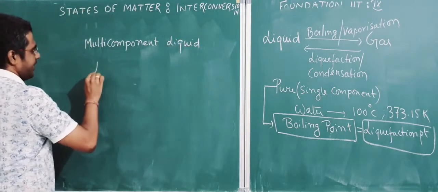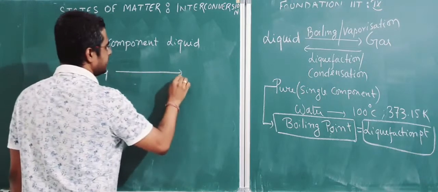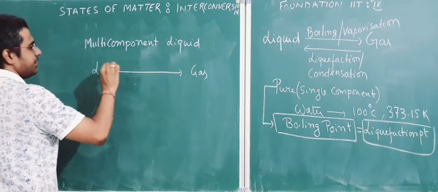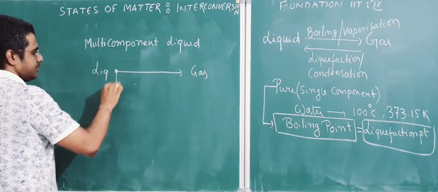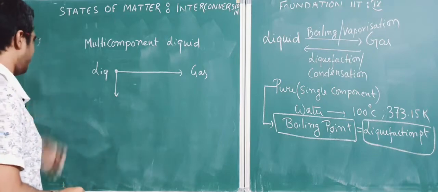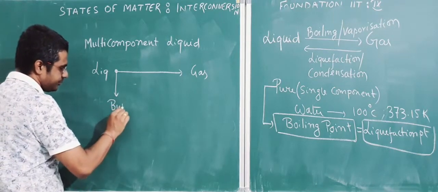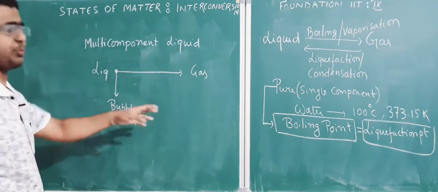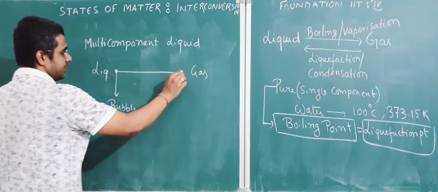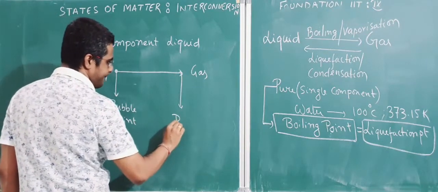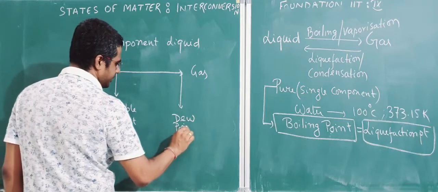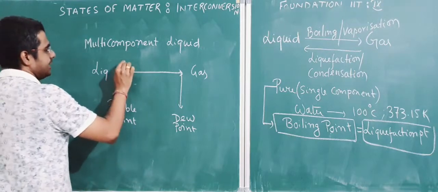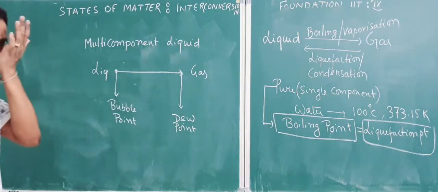Whenever the liquid changes to gas, there are 2 points. At the first, when the liquid starts changing to gas, it is called bubble point. And the last point where all the liquid has changed over to gas is called dew point. So if it is a multi-component liquid, you will have a range of boiling points rather than a single boiling point.